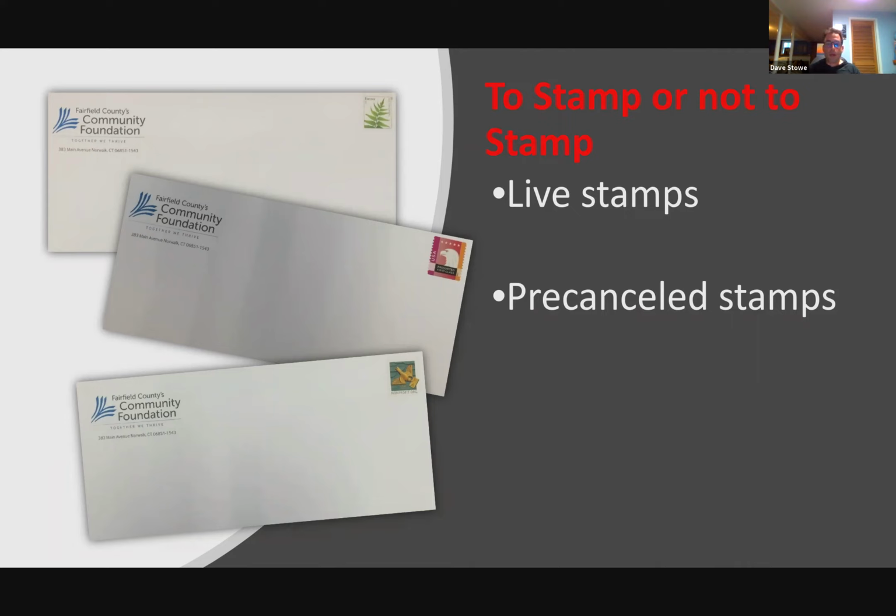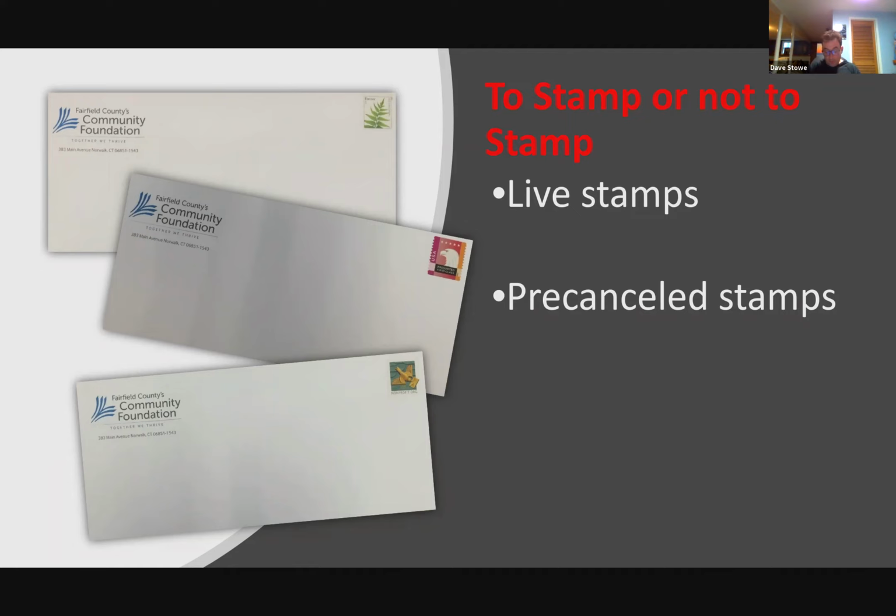And for something that's more personalized, people tend to hold it in their hand an extra 2 to 5 seconds. And every second that you have somebody holding something in their hand is a greater opportunity for them to start reading it and become engaged with your mail piece.